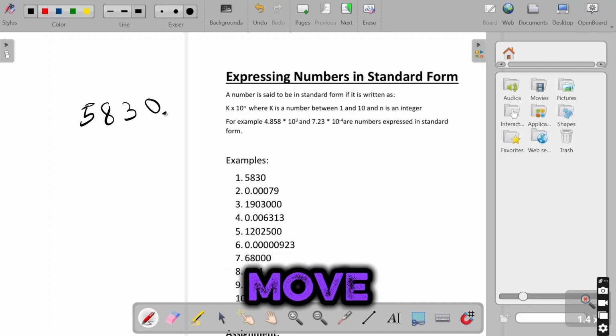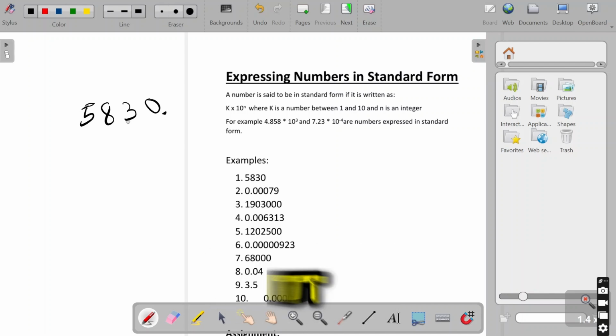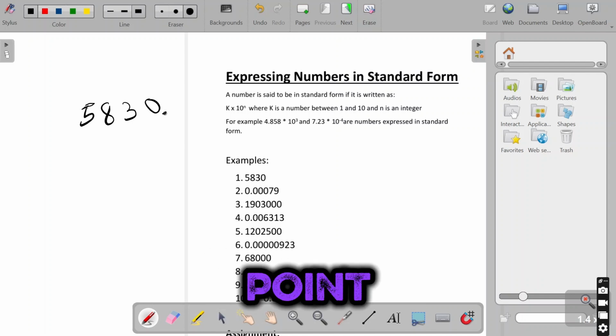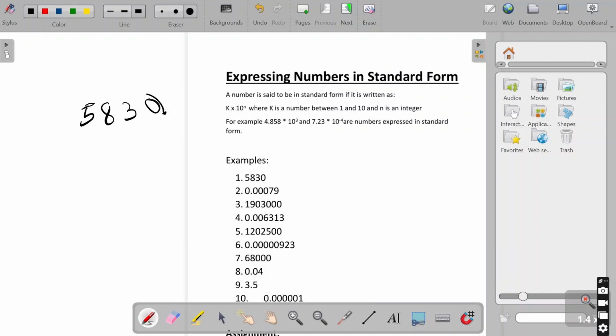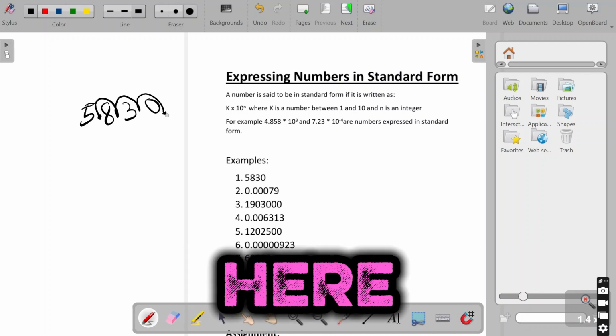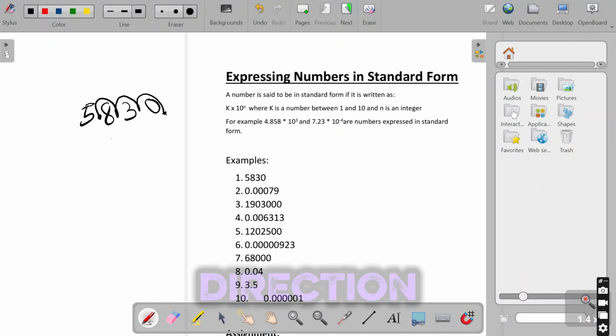The whole idea is to move this decimal point to where it should be, counting the number of steps. You have to move the decimal point to the left 3 times, such that it will rest here.